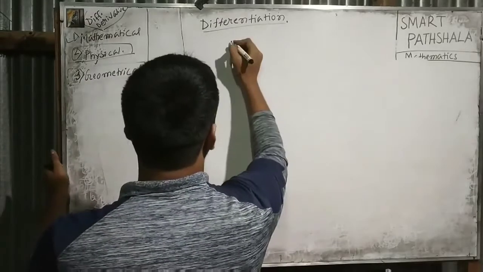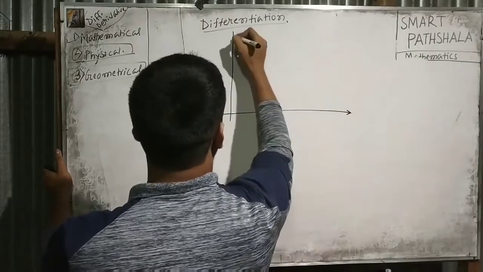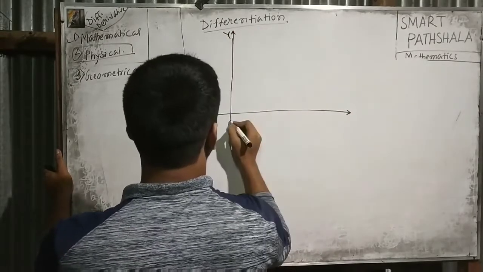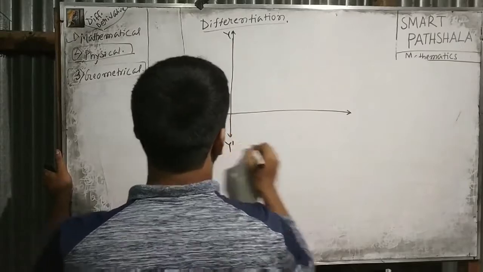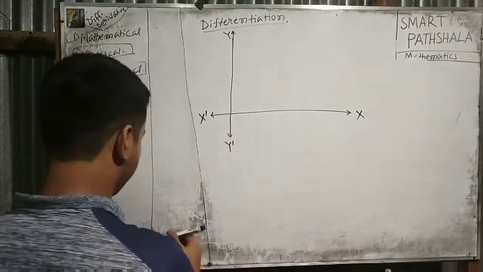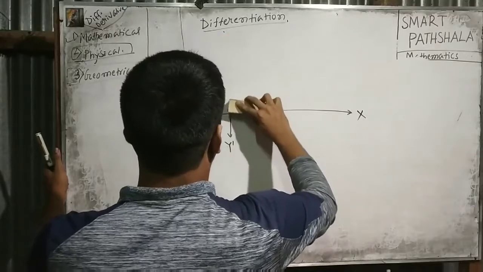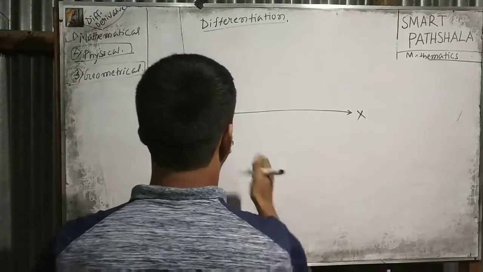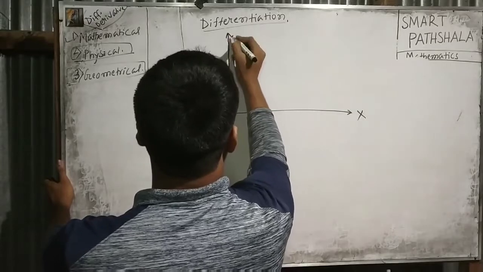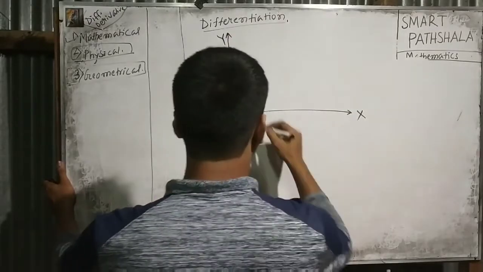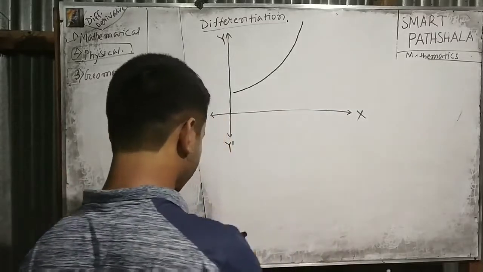So let us plot a graph. Suppose we have the y-axis here and here is the y dash axis, here is the x dash axis, x-axis, sorry. Now we have a curve that goes like this.